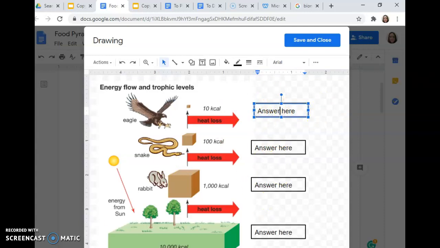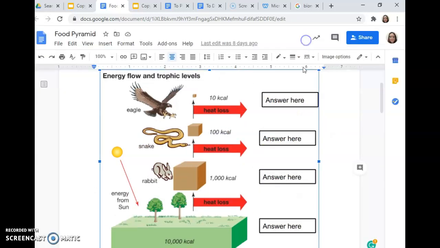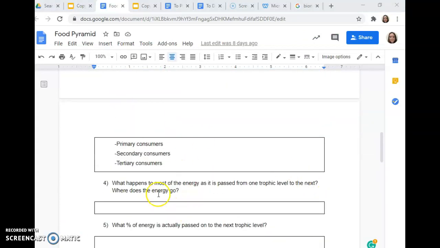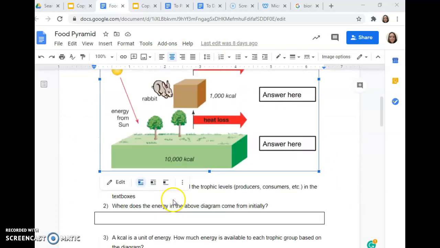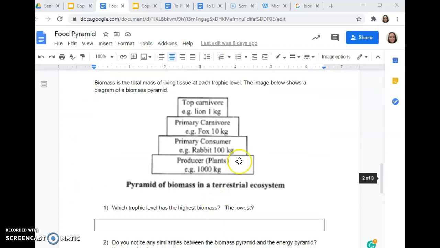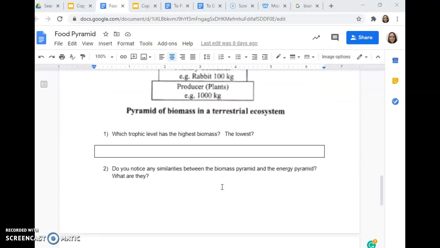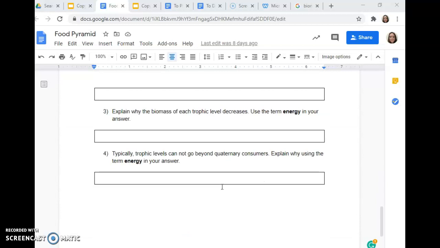Once you have all your answers typed in, click Save and Close. And then there are a few questions about the energy flow pyramid and also the biomass pyramid. So that's the first thing you're going to do: answer these questions in the handout.